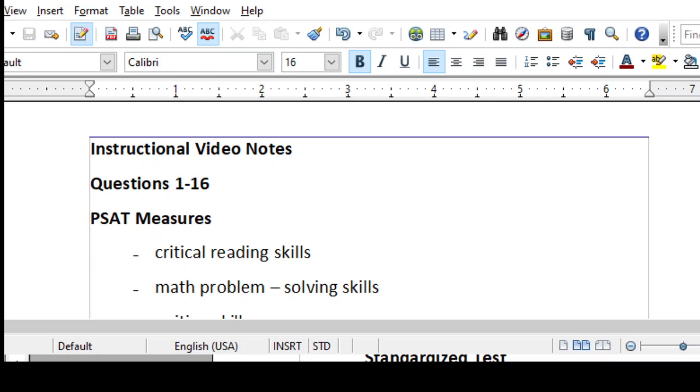I'm giving them to you as a do now so that you gain extra practice with the PSAT, so that your scores will increase when you take it the second time in January.